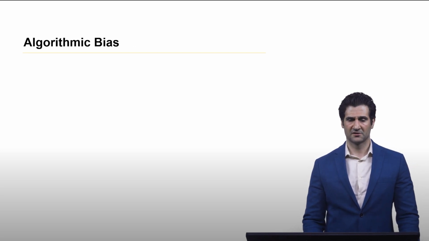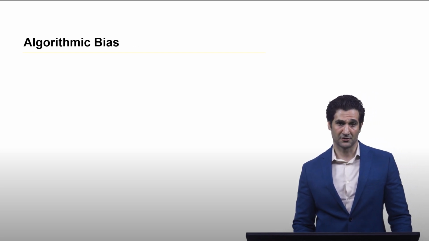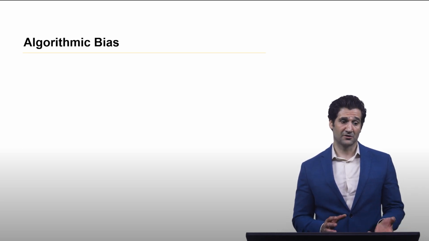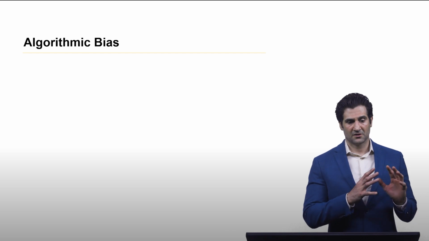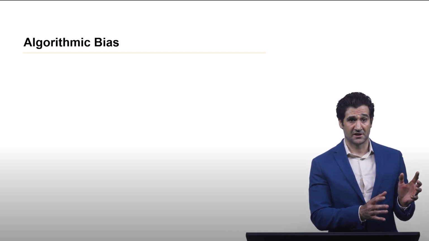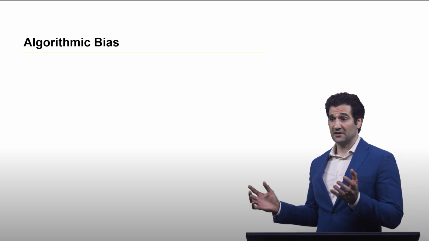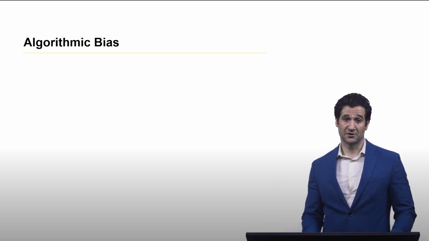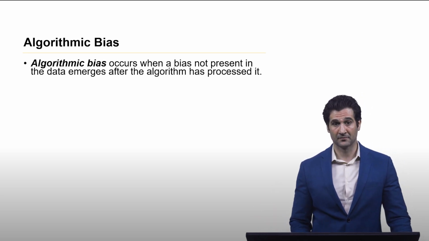So the first type of algorithm to user bias is called algorithmic bias. This occurs even if there's no bias in the data itself, when the algorithm, the machine learning model, is somehow going to induce a bias. And how can that happen?